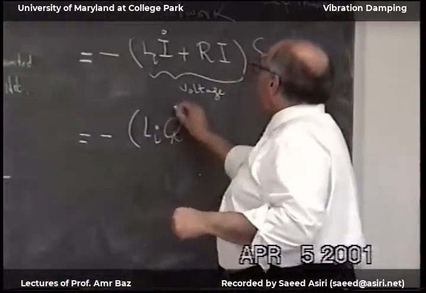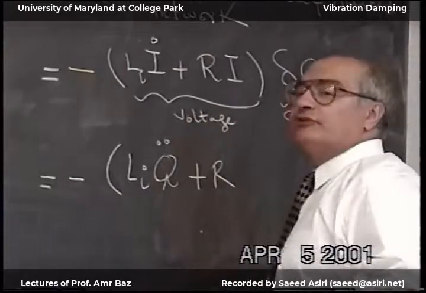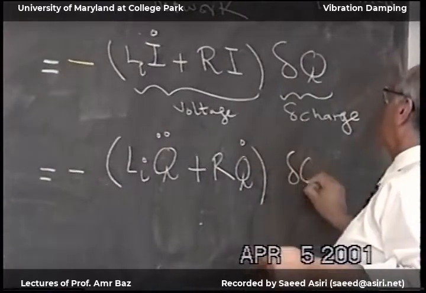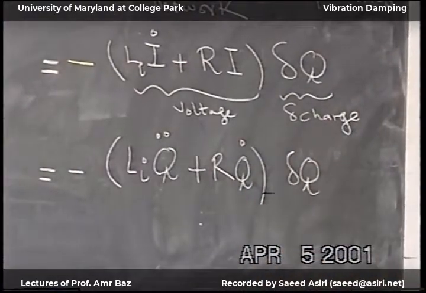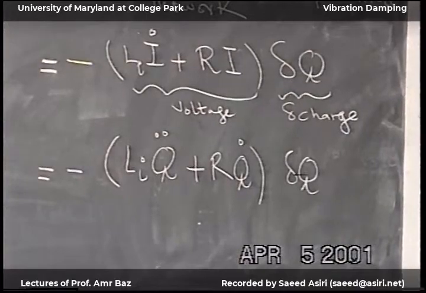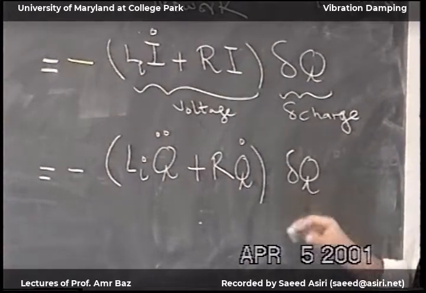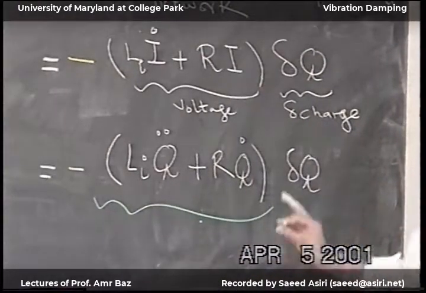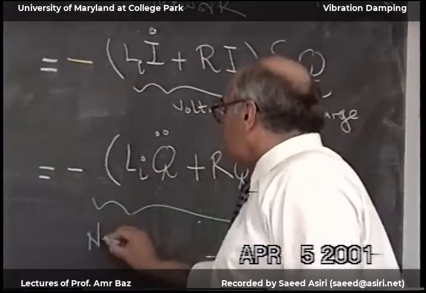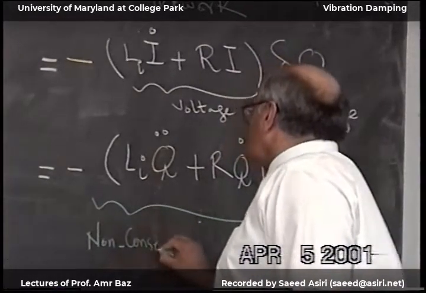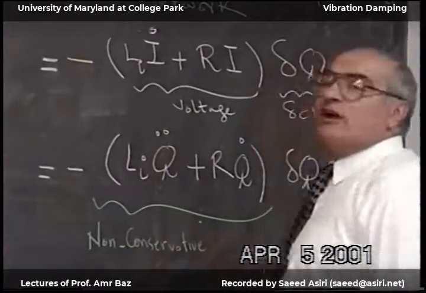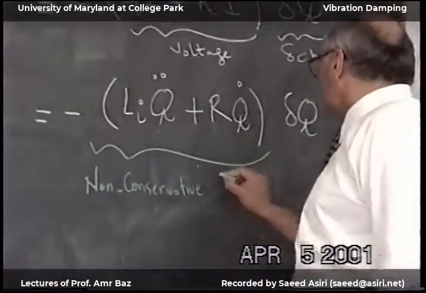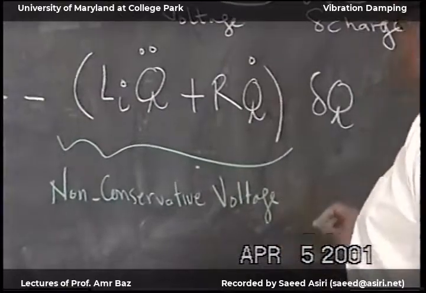So this will be L Q dot, so it will be Q double dot, and then R Q dot, del Q. So if I'm going to write this in the coordinate of the charge, this would be my non-conservative voltage. Or non-conservative force, if I write this as force del X. And then del Q.